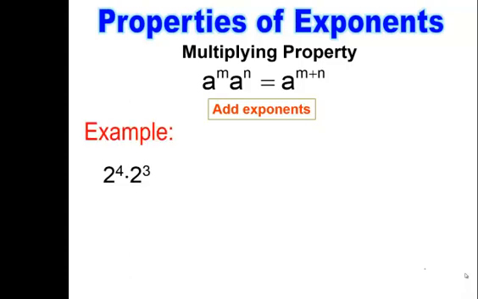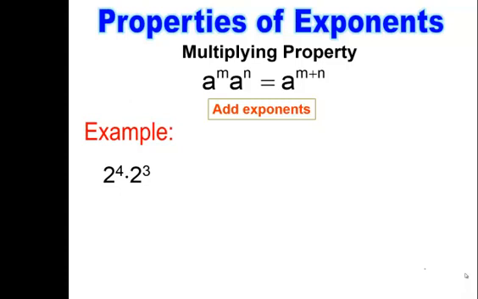Usually we're going to see this in operations with numbers and like bases. You have to be careful because the base is a number: 2 to the 4th power times 2 to the 3rd power. Instinctually, you might want to multiply 2 times 2 first, but order of operations says you cannot do that, because exponents come first.